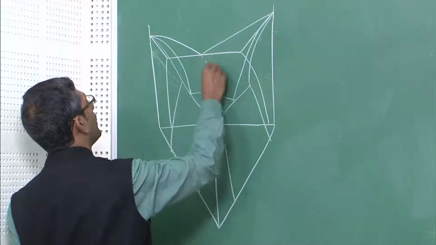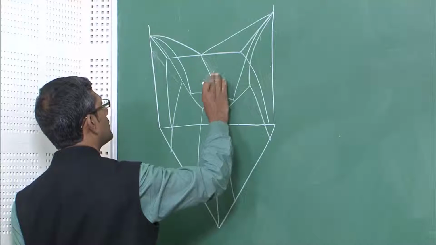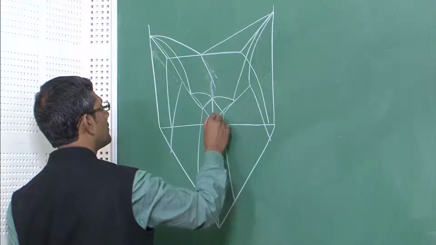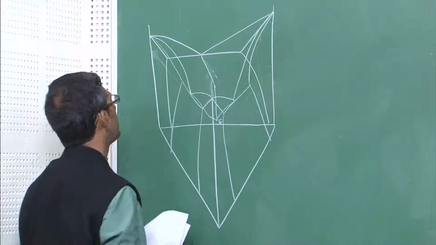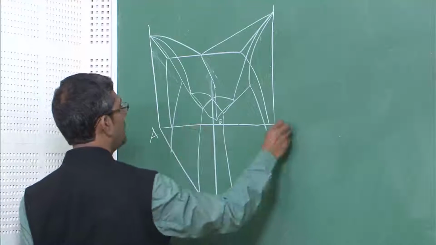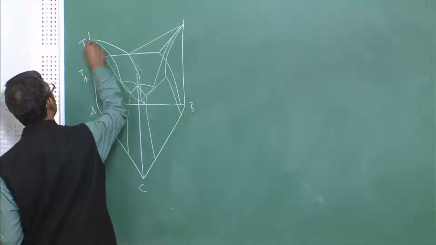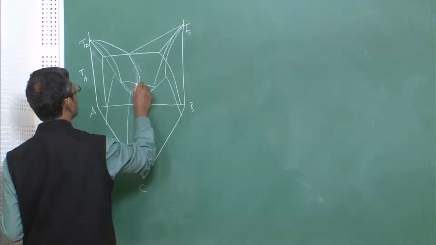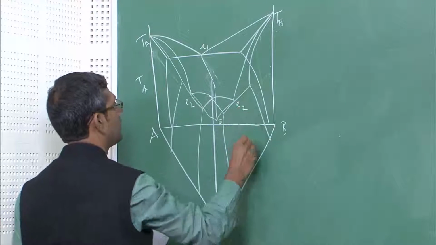So, now I can join these 3 points. This is my ternary eutectic. So, A, B, C, this is the temperature Ta, Tb, Tc, correct, and this is E1, E2, E3.